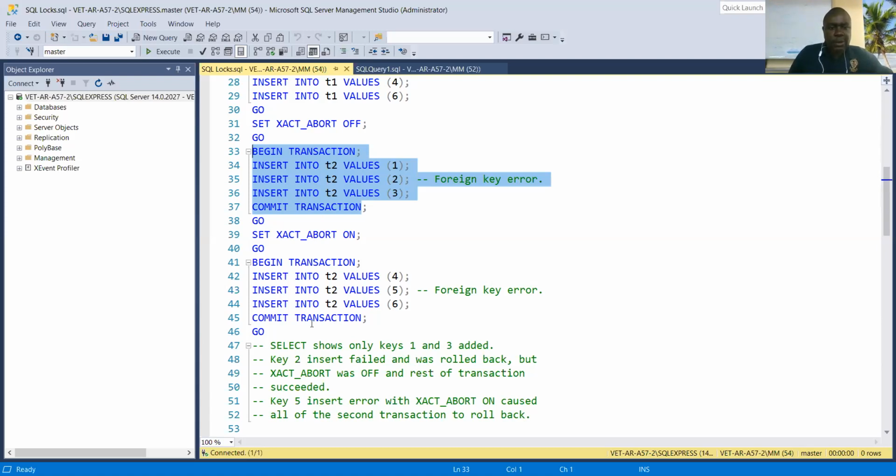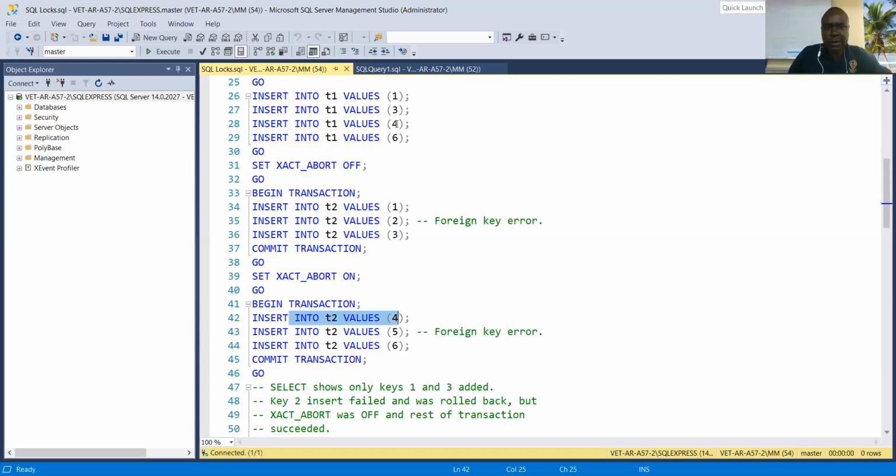But here we have set exact abort on, meaning that if an error occurs in this transaction which is about to begin, everything has to be reversed. Although when you start the transaction, this part is going to be successful. Sorry, not this part. Let me see.